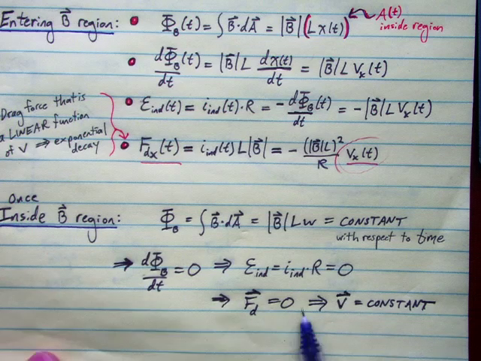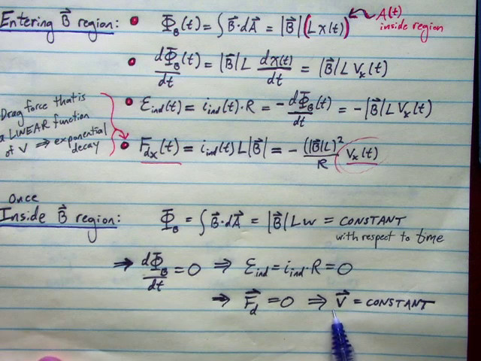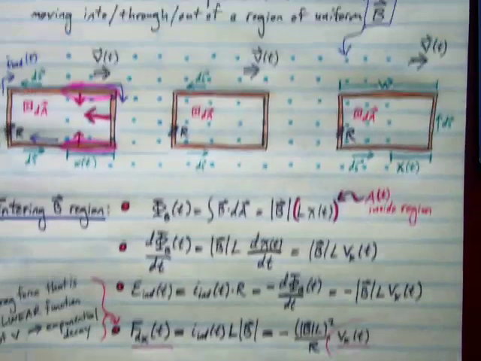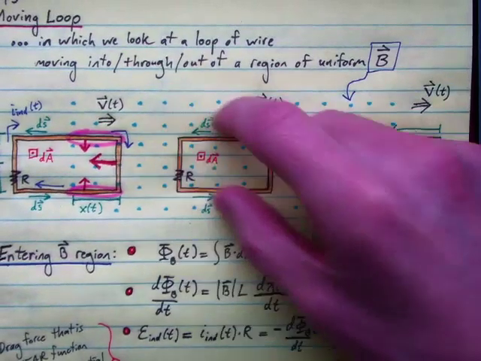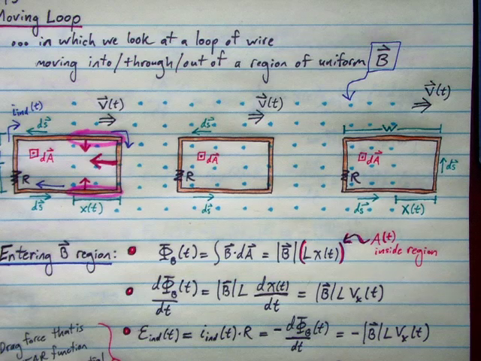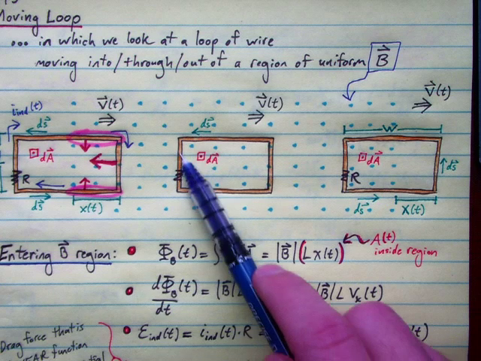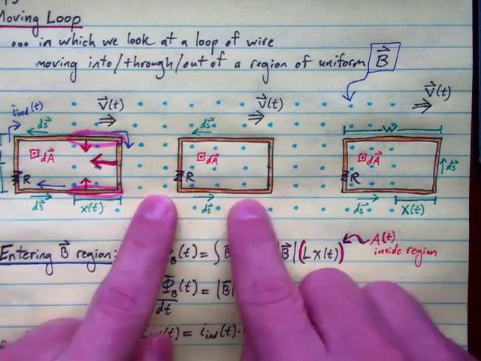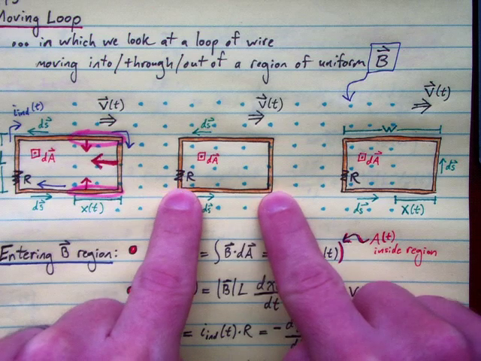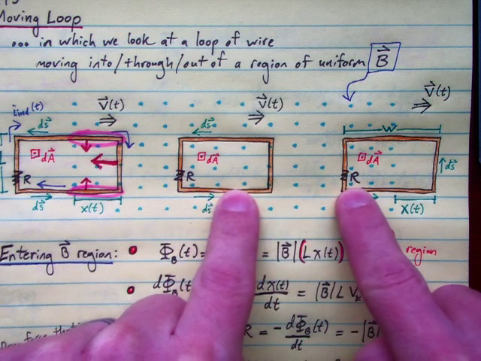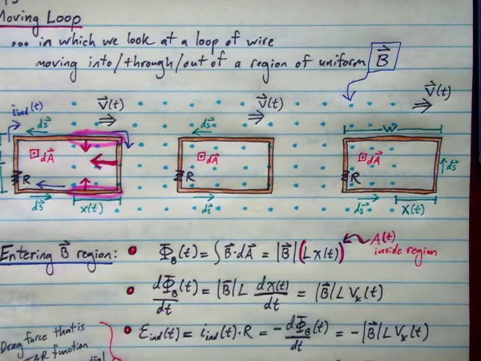So its acceleration will be zero, therefore its velocity will be constant. Apparently, once the loop fully enters the region, once the left-hand segment makes it inside, then no more changing flux. That loop will continue to drift at a constant velocity all the way through to the other edge of that region.